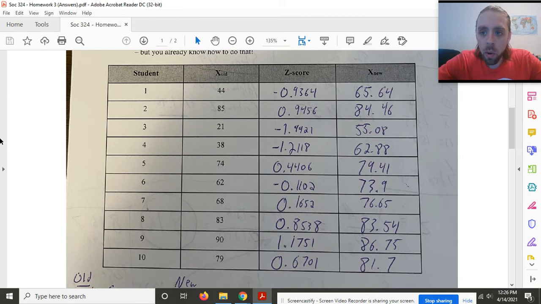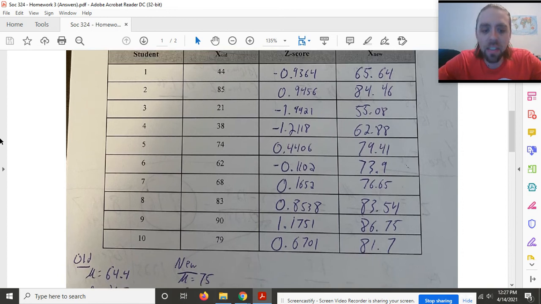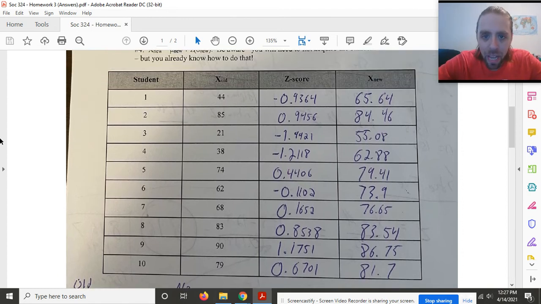Well, 44 minus 64.4 divided by 21.78. And that gives me a z-score of negative 0.9364. So using that formula and the mean and the standard deviation, I do that 10 times over, for all 10 students, to get the following z-scores.